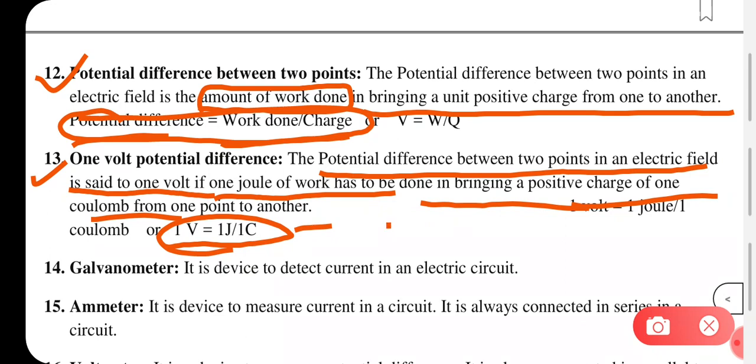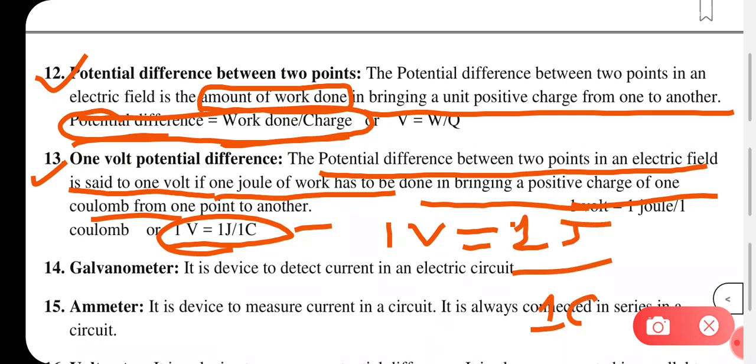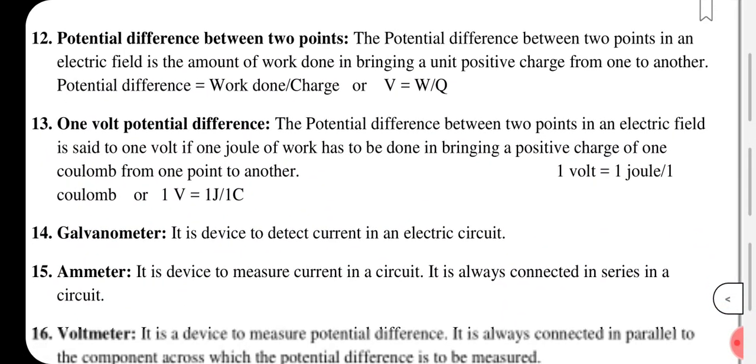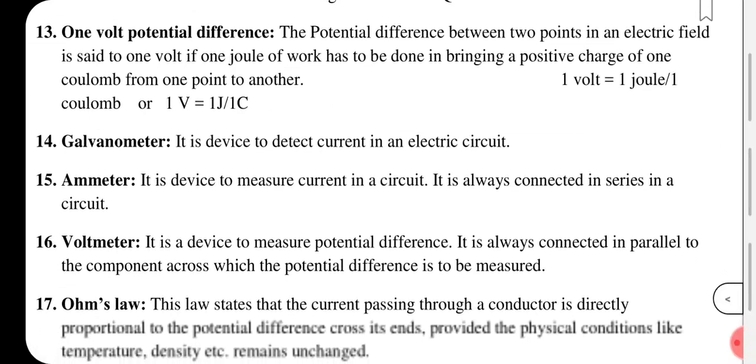If it is asked when the potential difference will be 1 volt, you already know it is the work done to carry a unit positive charge. It will be 1 volt when the work done is 1 joule and the charge carried is 1 coulomb. You have to put this in words and your definition will be made.